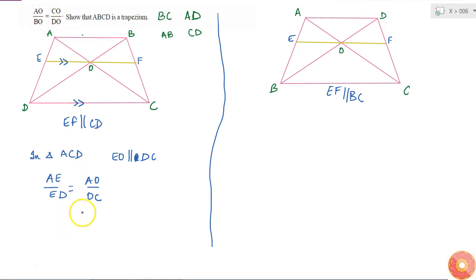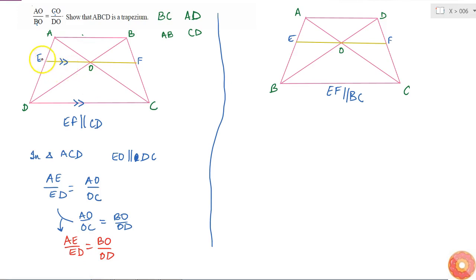I have AO by OC is equal to BO by OD, right? Because here I simply interchanged BO and CO. So I can substitute this here. So from these two equations, I'll get AE by ED is equal to BO by OD, right?